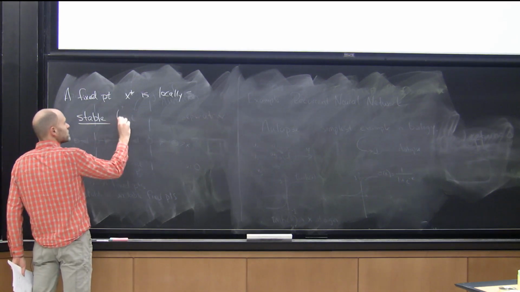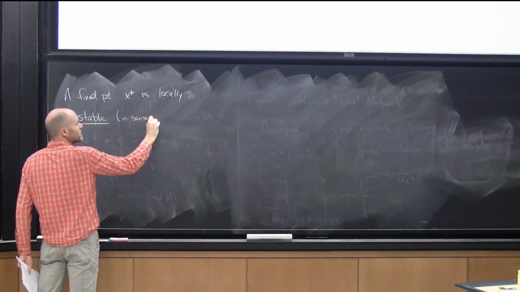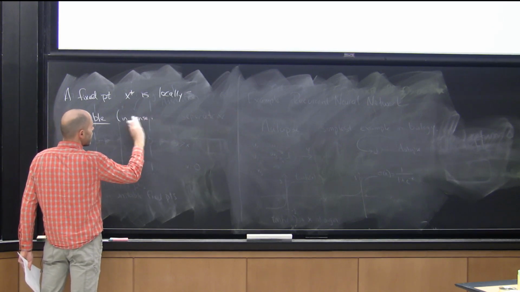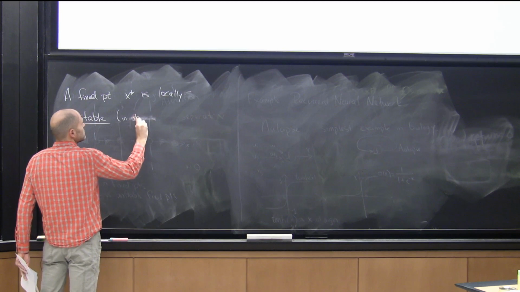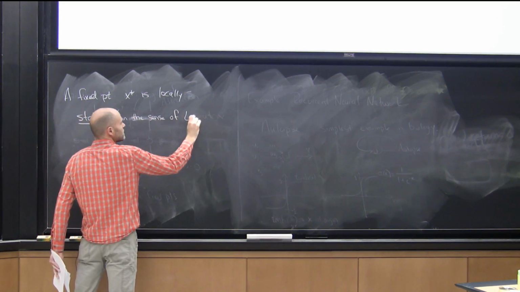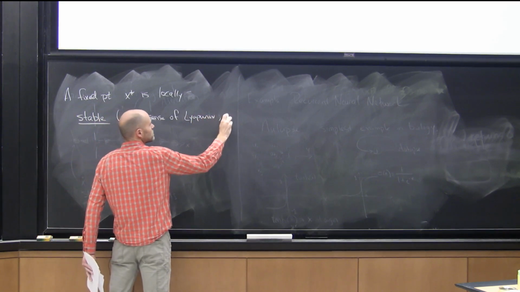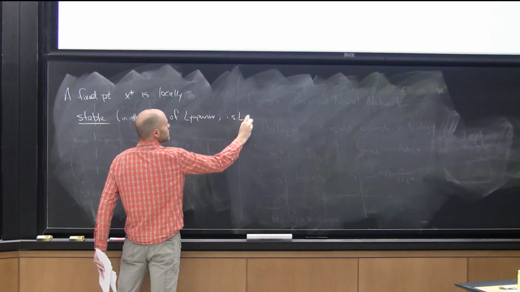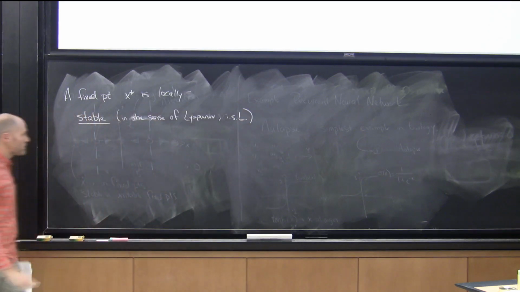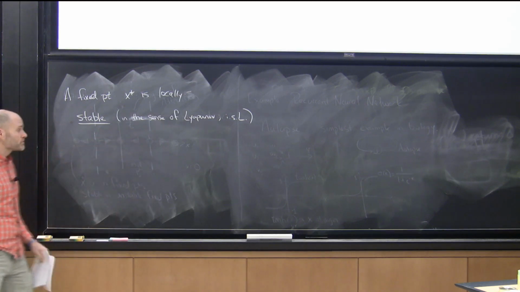When we say stable, if we're being extra careful, we'll say in the sense of Lyapunov. I will write ISL. But actually, if we just say stable, we mean stable in the sense of Lyapunov.